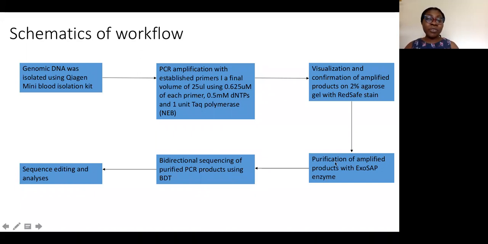After the purification, we proceeded to sequence these products in what we call 2x coverage, or bidirectionally. When we finished the sequencing, we edited the results and then analyzed them in order to look for possible association of single nucleotide polymorphisms with malaria clinical outcomes in the 3 groups.